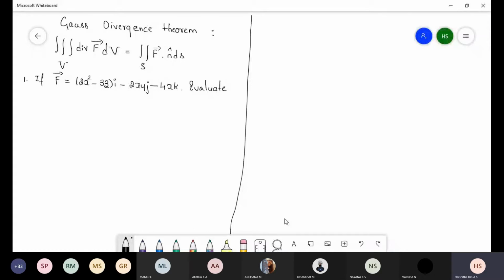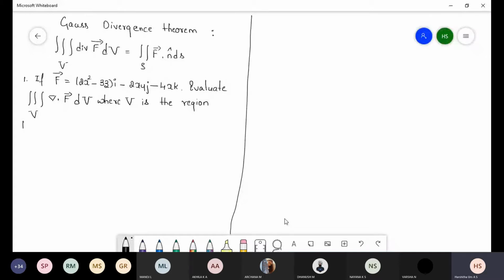V is the region bounded by the planes x is equal to 0, y is equal to 0, z is equal to 0 and 2x plus 2y plus z is equal to 4.